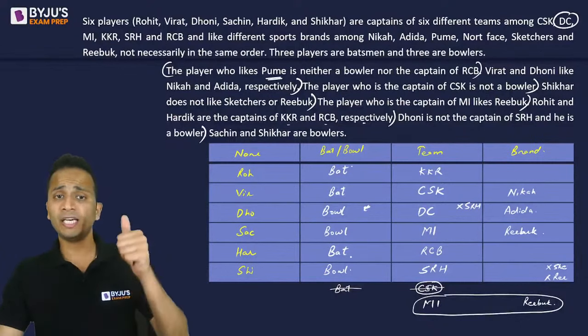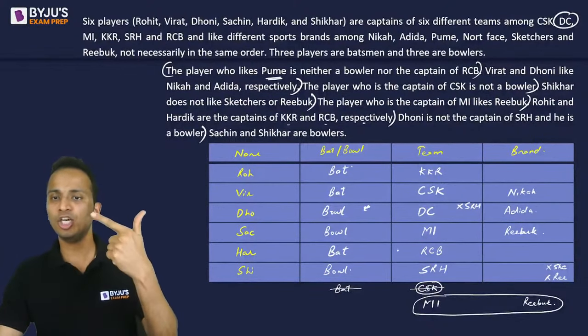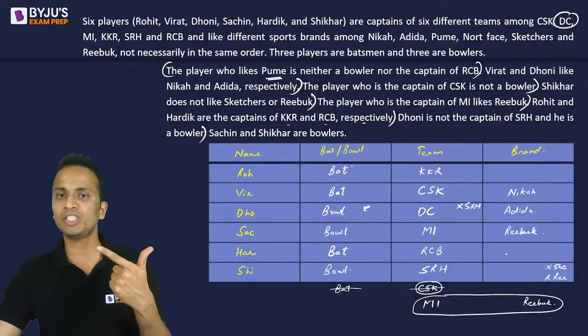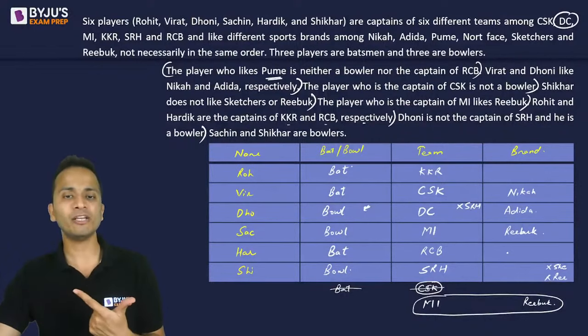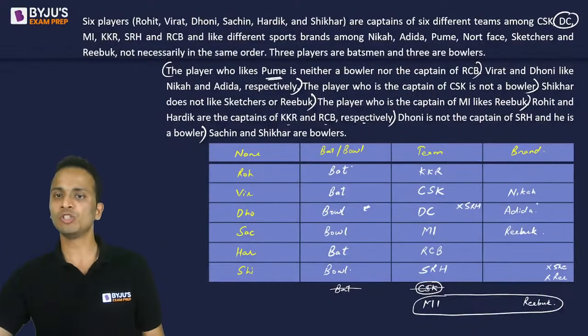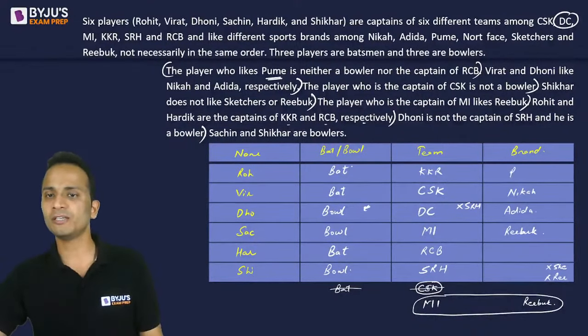So कौन कौन बचा है? रोहित and हार्दिक. रोहित and हार्दिक are the two batsmen जिनका भी brand नहीं पता है. ठीक है, so the player who likes Puma can be among Rohit or Hardik, right? And is also neither nor the captain of RCB. So RCB का captain नहीं होना चाहिए, that means Hardik नहीं होना चाहिए. So Puma के लिए एक ही person बचा है, that is Rohit.